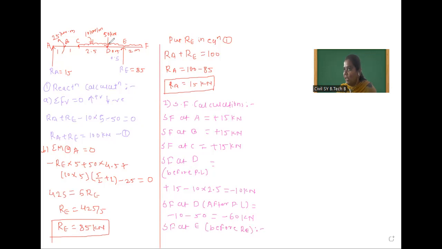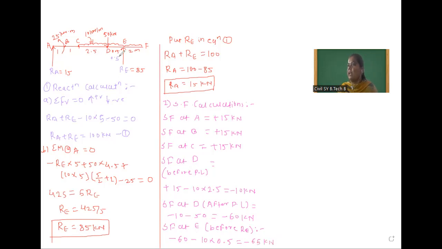So up to D point, shear force is minus 60. Now you observe here in between D to E, uniformly distributed load is there and it is acting downward. So minus intensity 10 into span for this D to E is 0.5. So you calculate and tell me. Minus 65 kilonewton.